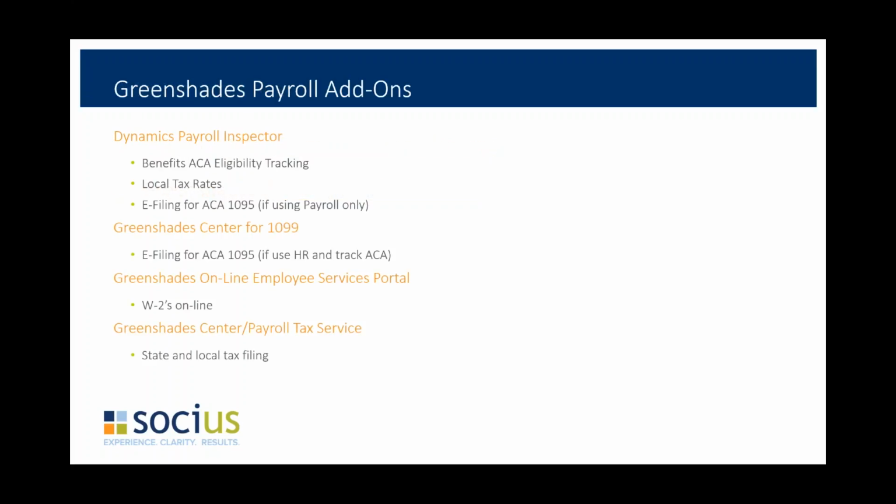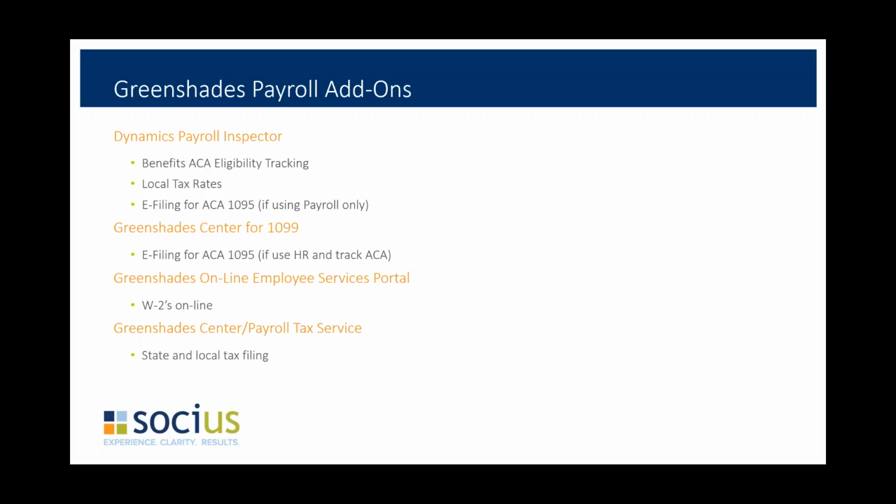So Greenshades has 4 modules that play a role. They have what's called the Payroll Inspector, which is really meant to do a couple things. It provides you with Affordable Care Act eligibility tracking. In GP, if you mark an employee appropriately, then the system can produce a 1095 for that employee.